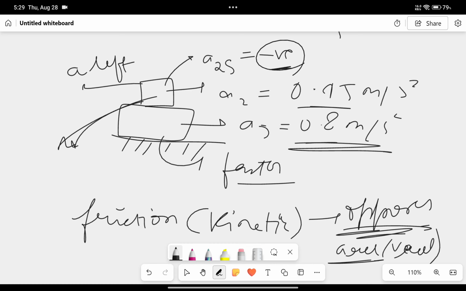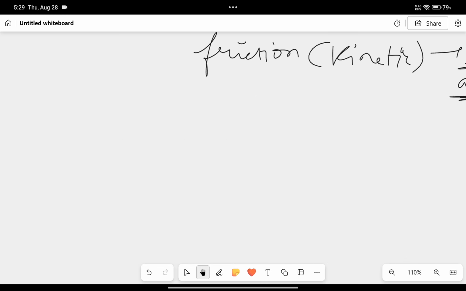Which essentially means if kinetic friction opposes relative acceleration, the kinetic friction in this scenario was acting in the right direction.